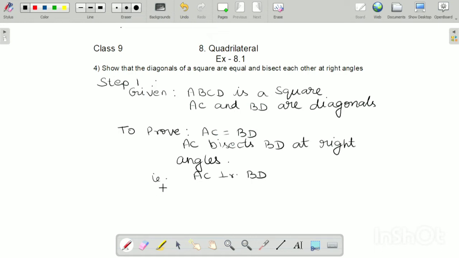And then we are also going to prove it bisects. That means AO equal to OC and BO equal to OD. Perpendicular, this I can take as angle AOB is equal to 90 degree.